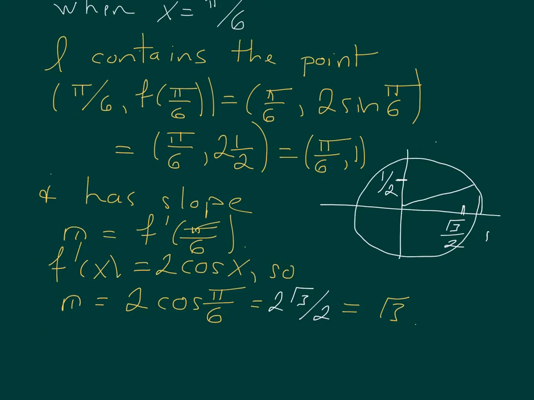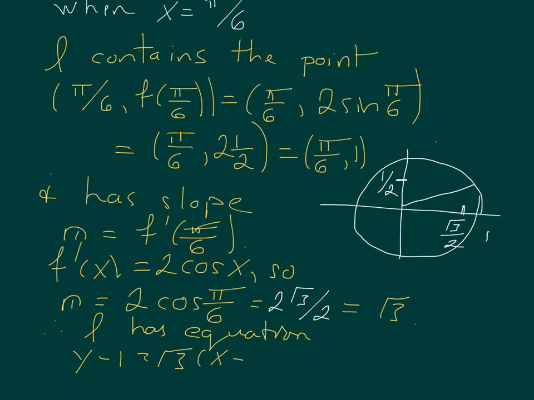So, therefore, L has equation: y minus our given y value. Given y value is 1, so y minus 1 is equal to our slope, root 3, times x minus our given x value.